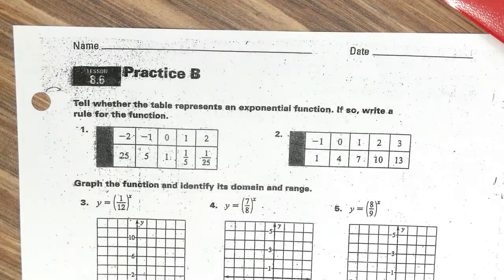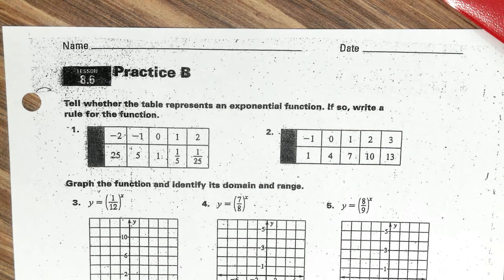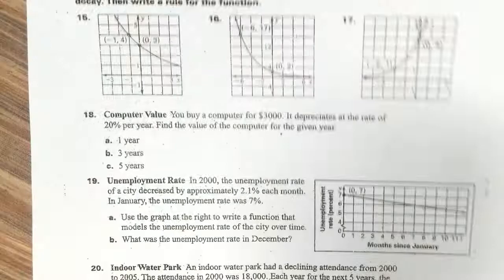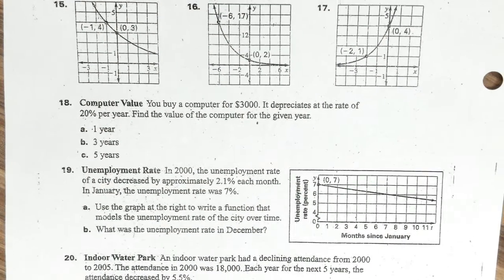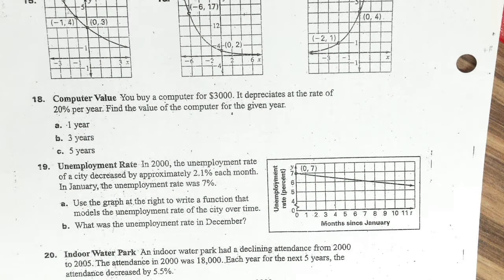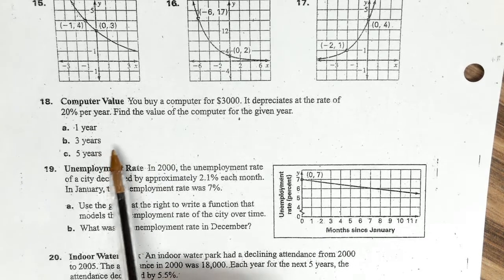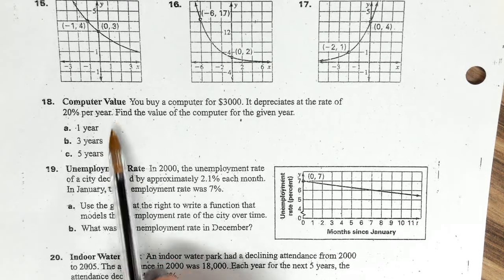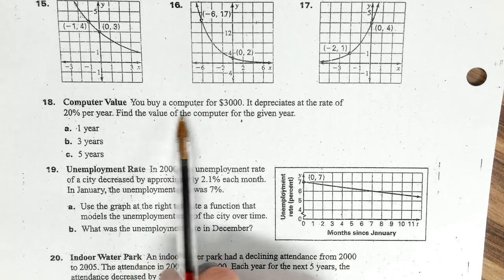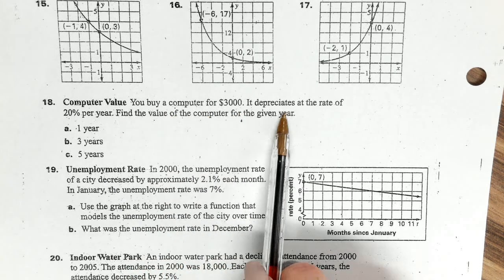Okay, so for the assignment, let's do 1 through 18. Now, can y'all please listen? On number 18, those are not answer choices. It says, find the value of the computer for the given year.